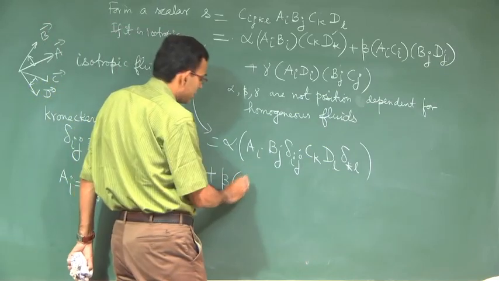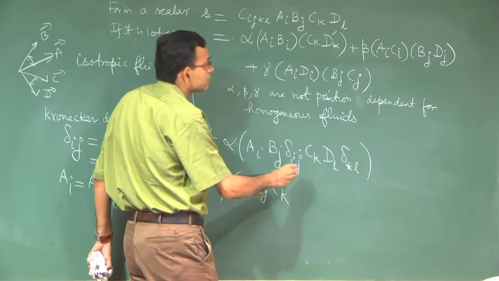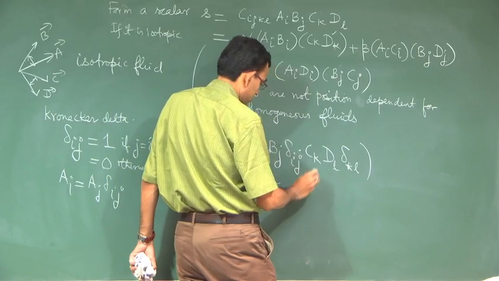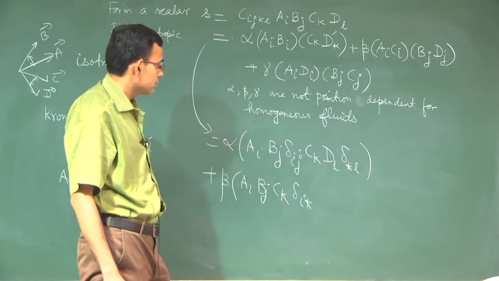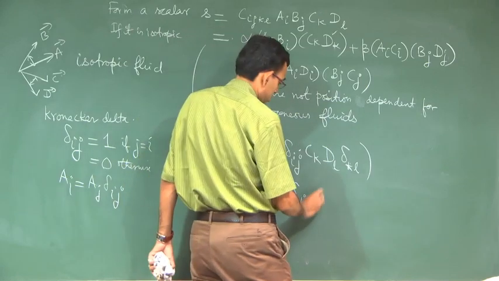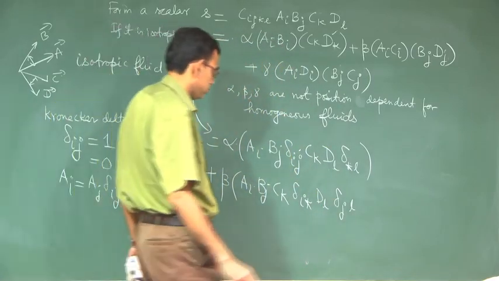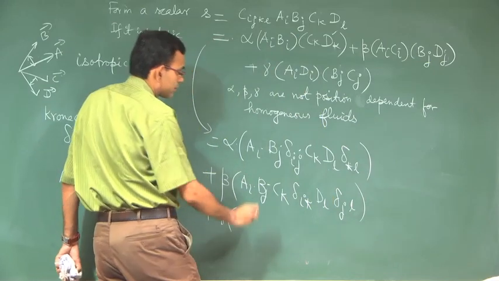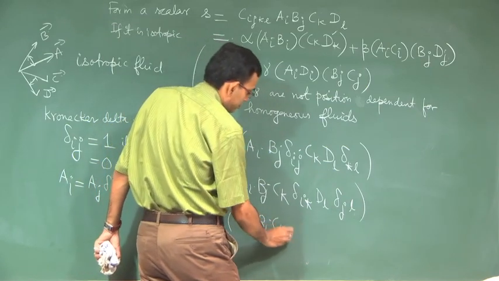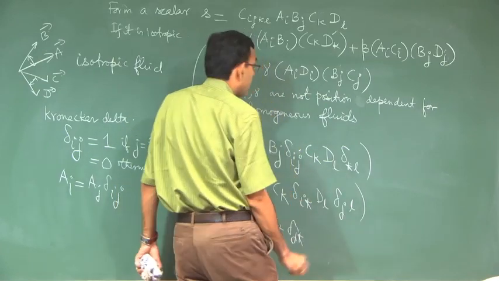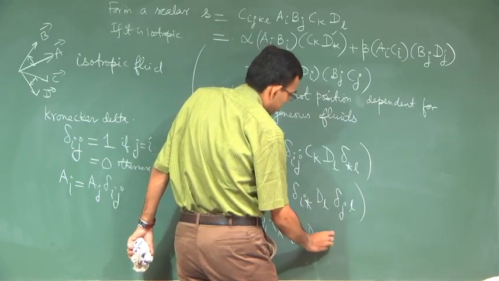Then plus beta, Ai Bj is already there, Ck, which was earlier i, plus gamma Ai Bj Ck delta jk, and then Dl delta il.